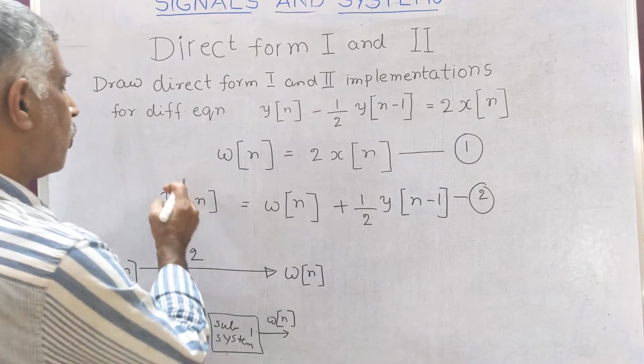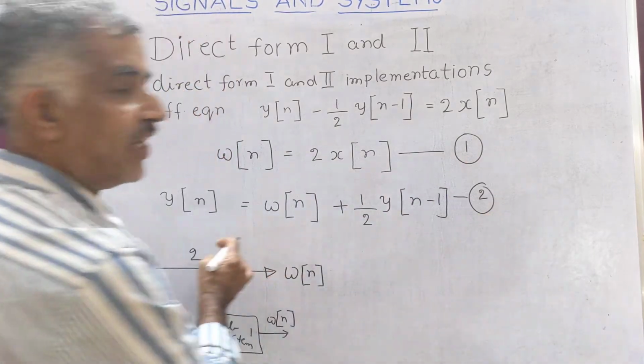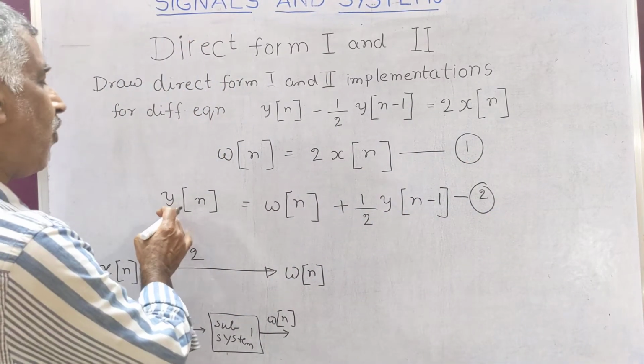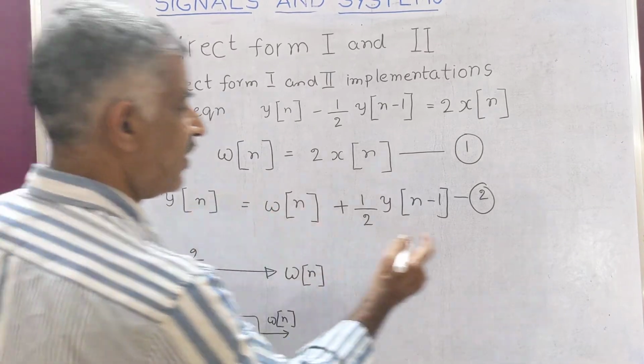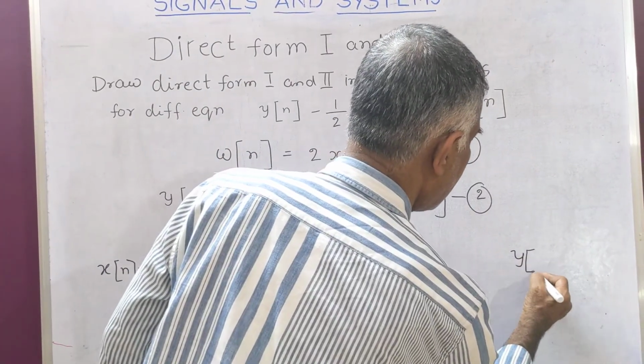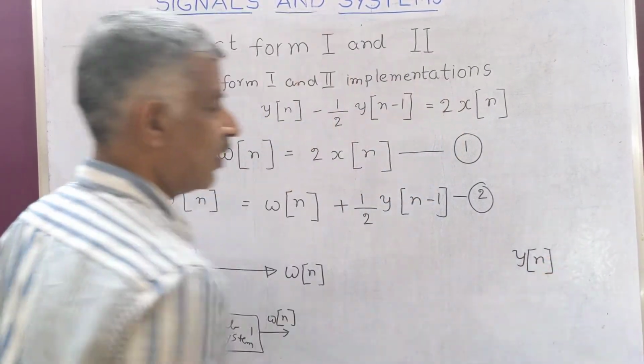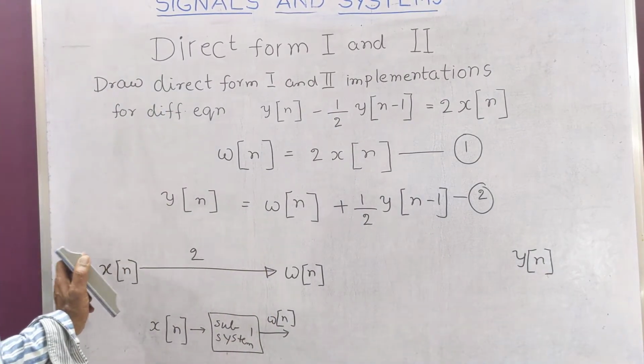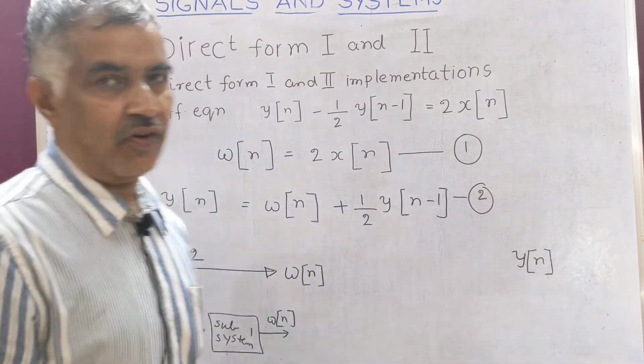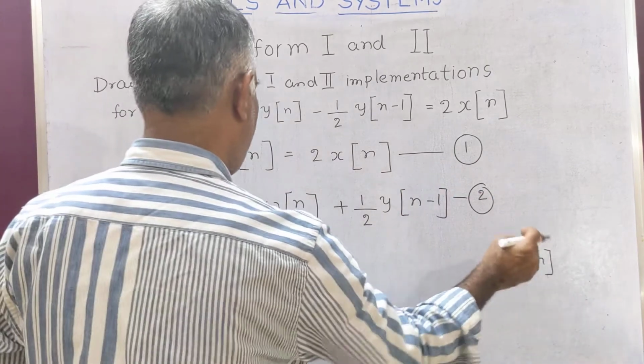Now you construct a block diagram for the second equation. So y of n is the signal. In the block diagram, on one side you will find x of n, and on the other side you will find y of n. Therefore, mark y of n.